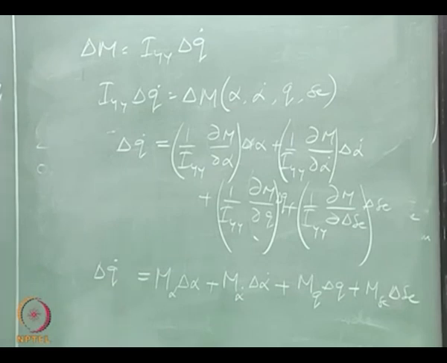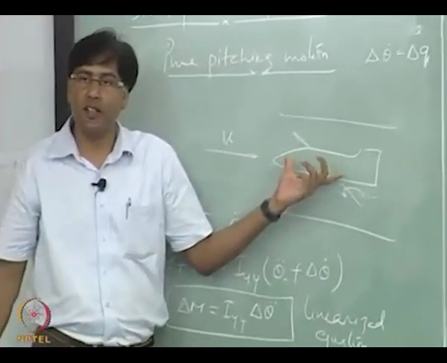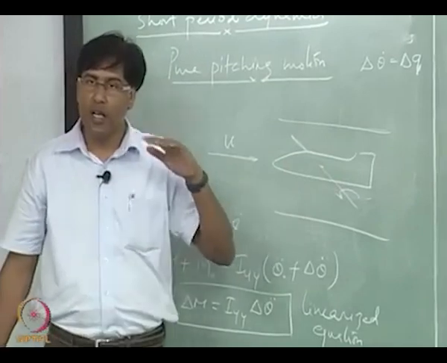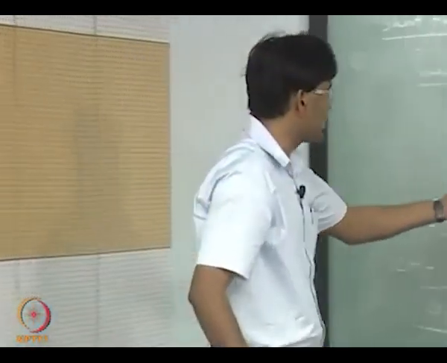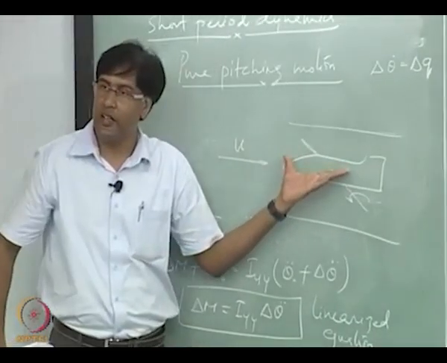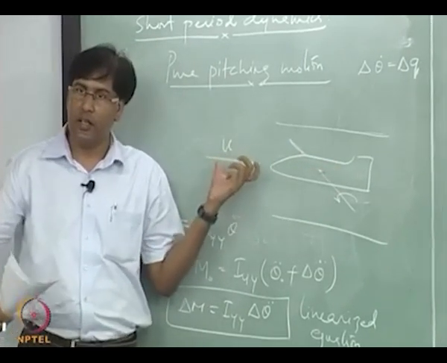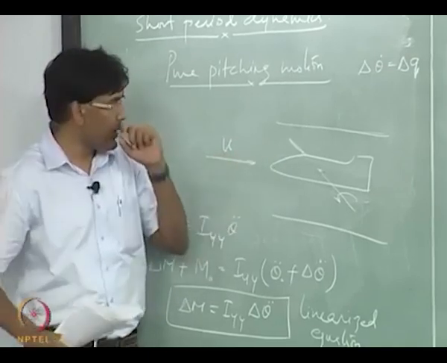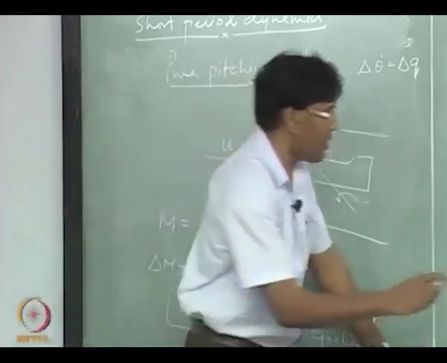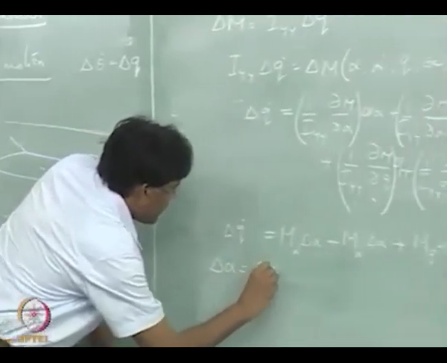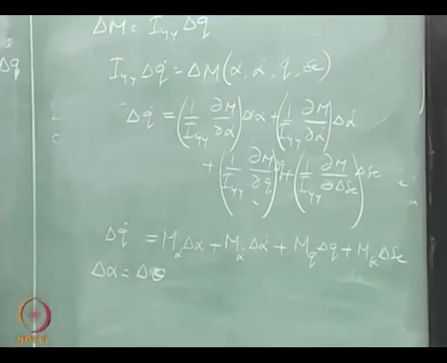okay. Let us make another assumption, and that is let us say to start with this model was aligned with the earth fixed axis system, right, which is also valid. If I put this horizontally, right, to start with, which is aligned with this air speed, right, then I can also say that delta alpha is nothing but delta theta, right.